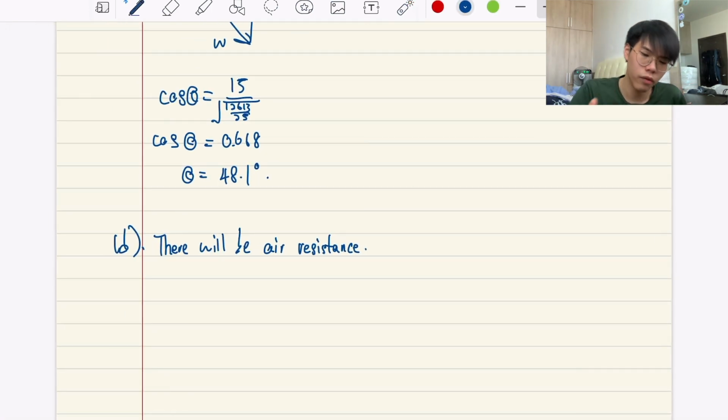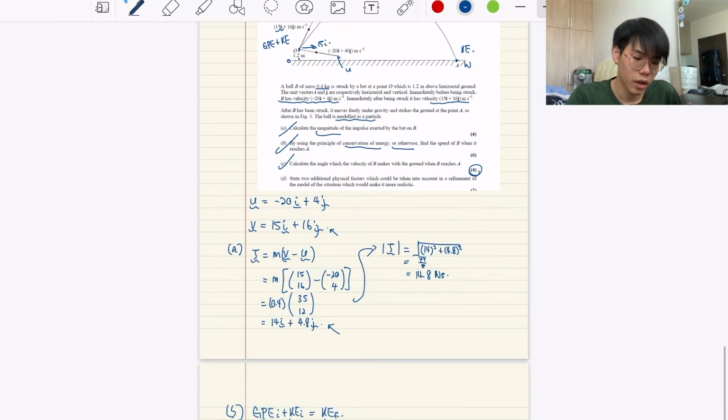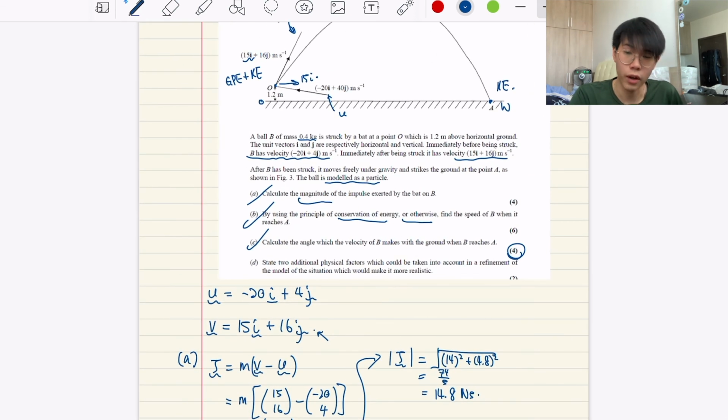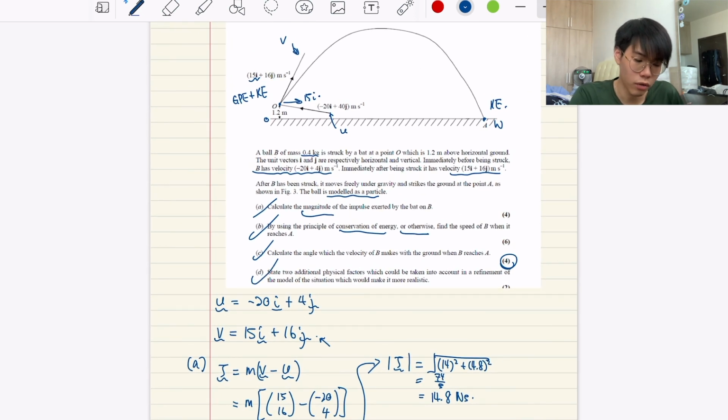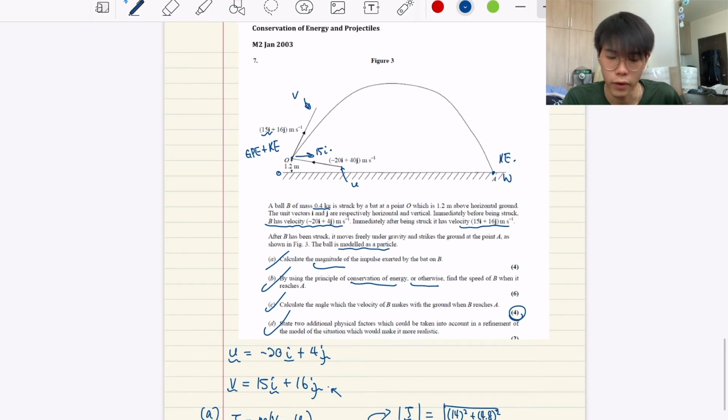So in real life, the ball will actually spin. Okay, so these are two additional physical factors that we can write down in the refinement of the model.